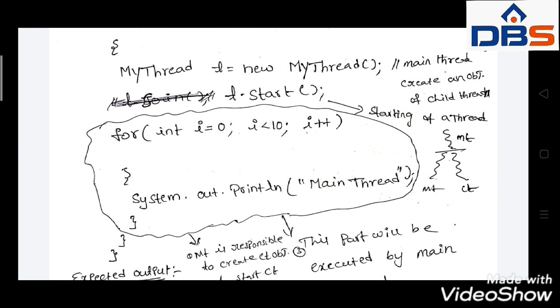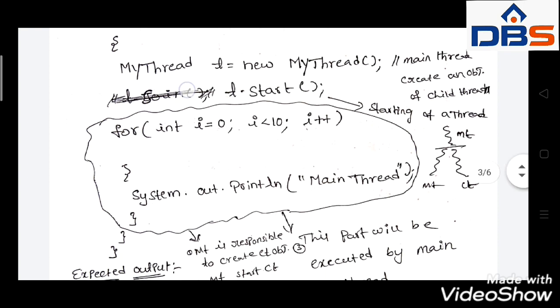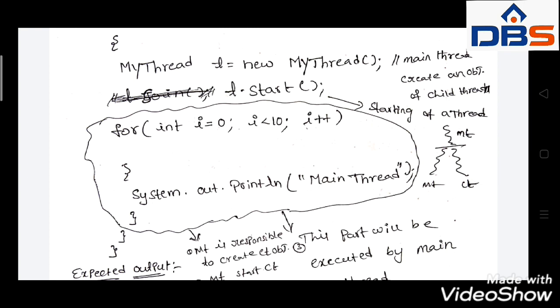First we create one thread, called the main thread. This main thread creates the object for the child thread. Here t is the object for the child thread.